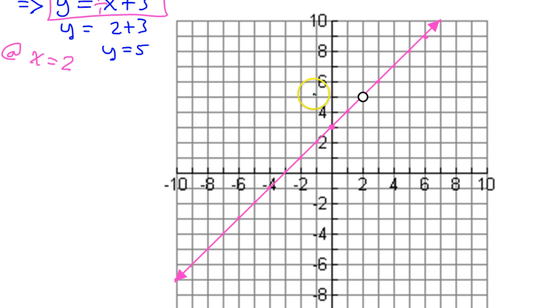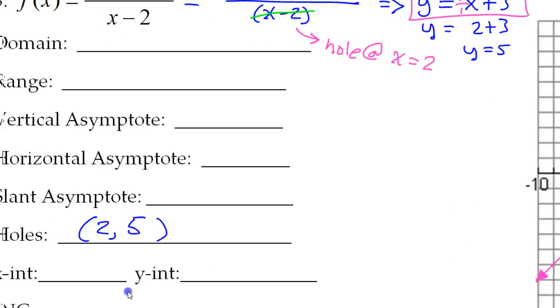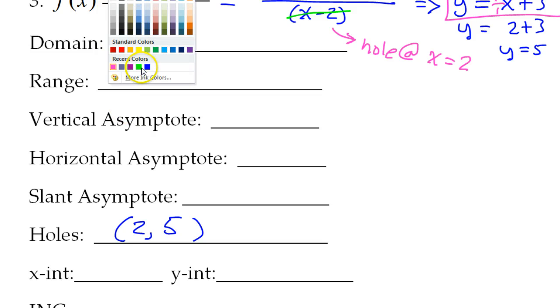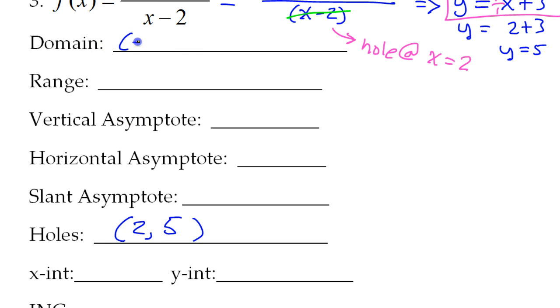So it's negative infinity to 2, and then 2 to infinity. Union to infinity. That's the domain. Obviously you can't include the 2 in the domain because it's a hole, so that's why the parentheses.